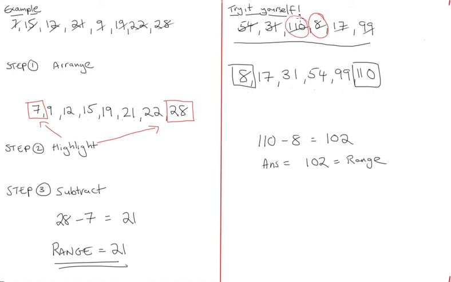Once you have the biggest and the smallest number, you can subtract them. That means you get to skip step 1 and step 2. So you can do that too, but you have to be careful. You have to make sure that you have circled the correct smallest number and the correct biggest number, all right? And that's our answer.